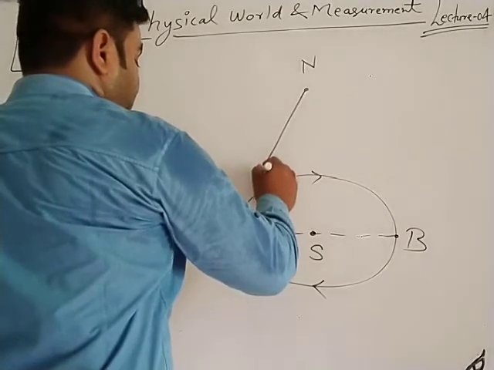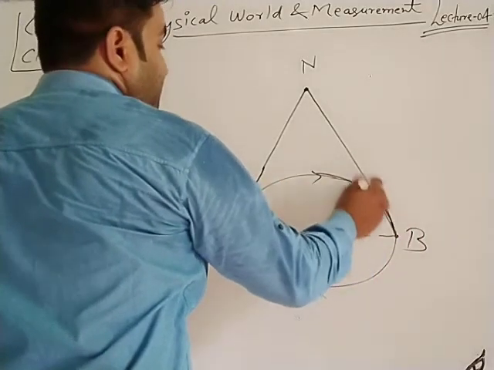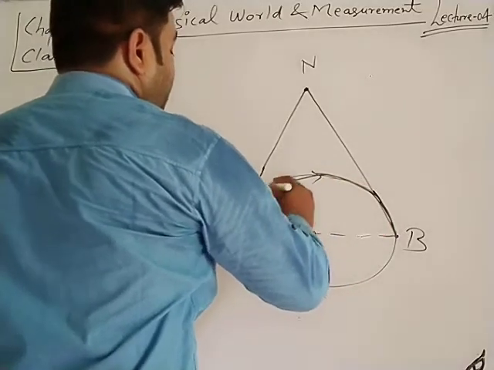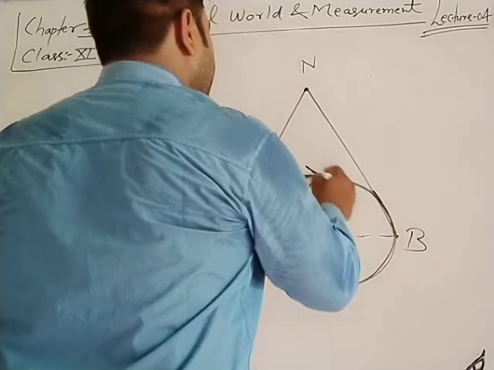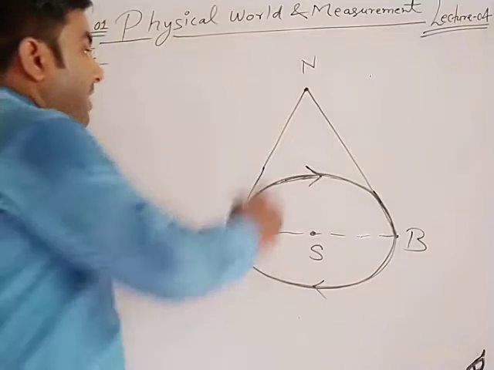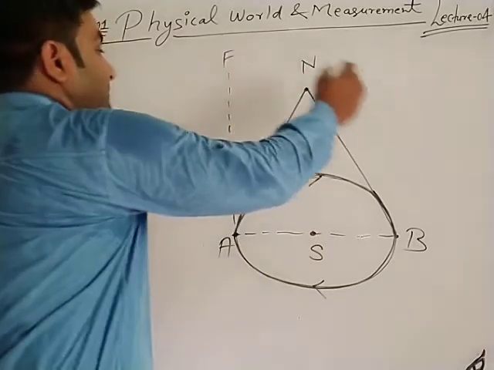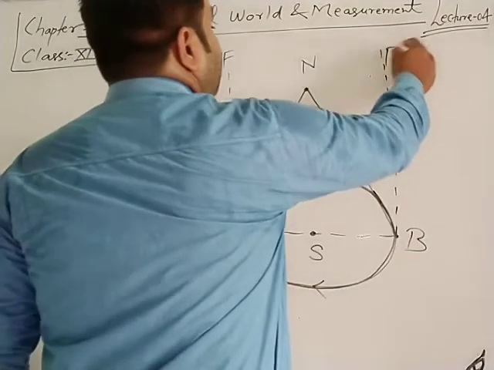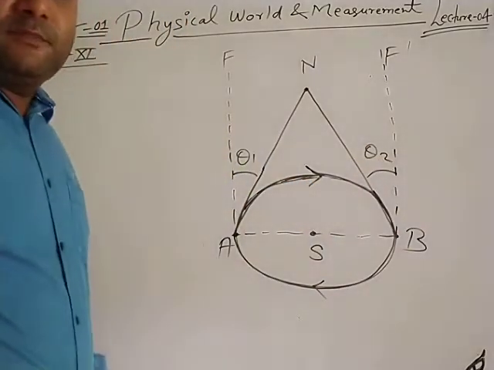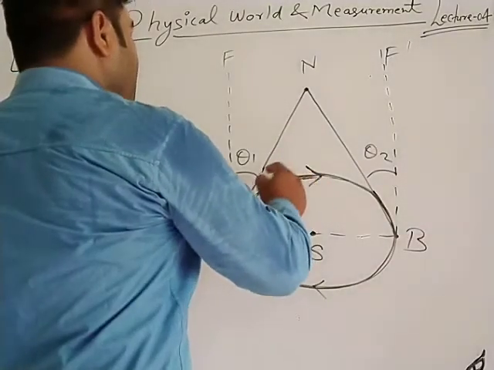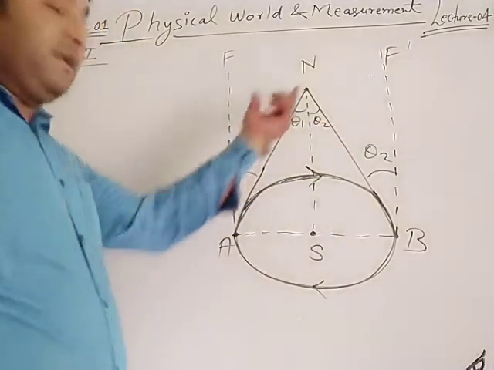Suppose the distance is here A N or B N. How to calculate if the far away points, that is F and F dash, make angles theta 1 and theta 2, then the total angle, this one theta 1, then this one also theta 1, and this one theta 2, is the total angle at the nearby star.